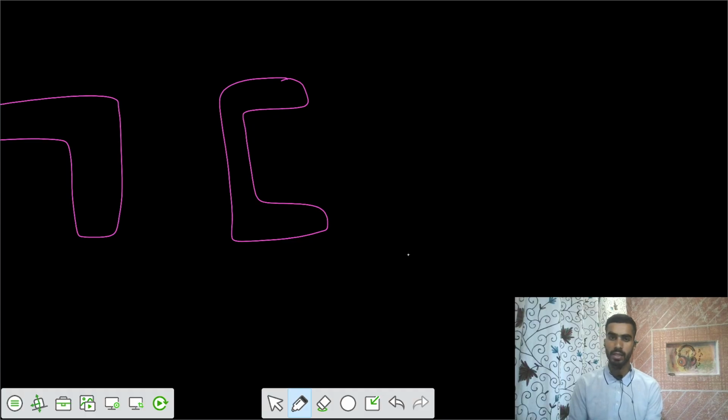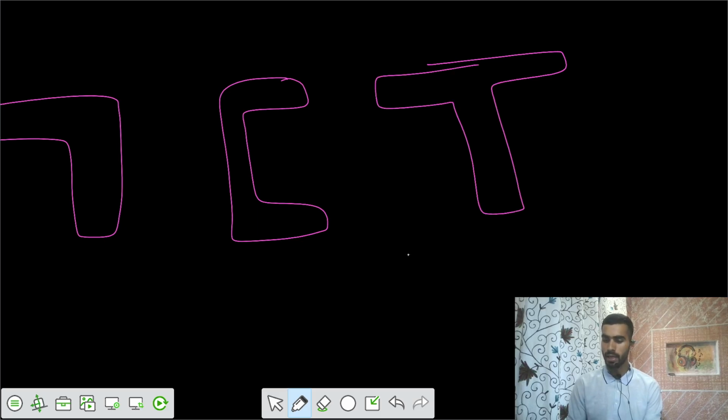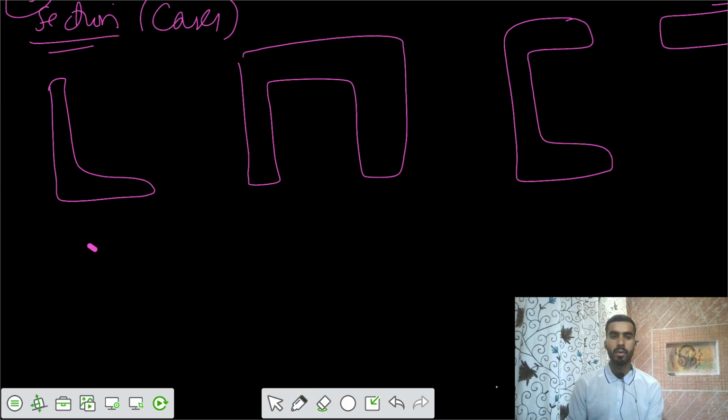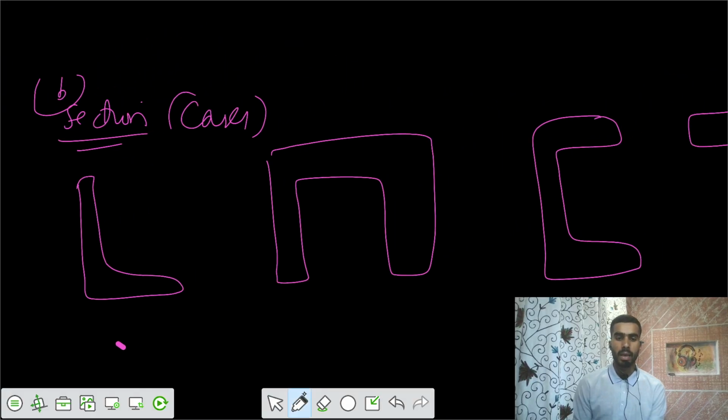We can take these T sections. Now the thing is that for the angle section we don't have any axis of symmetry.